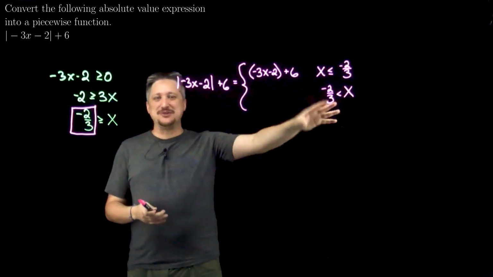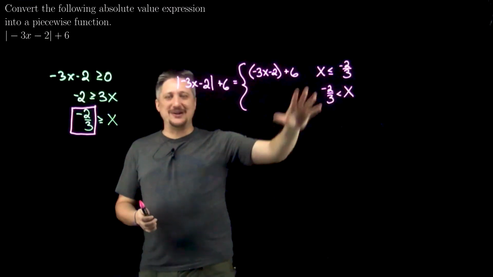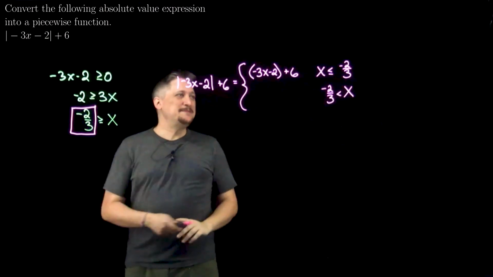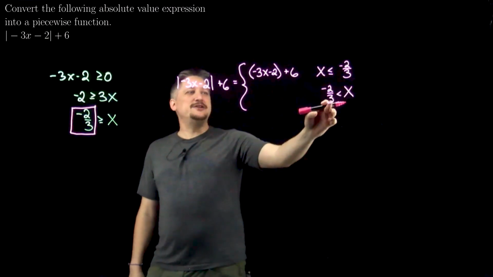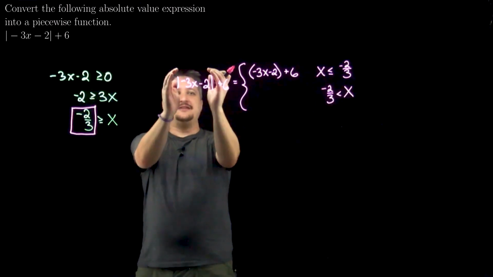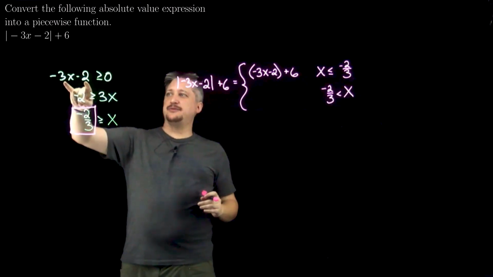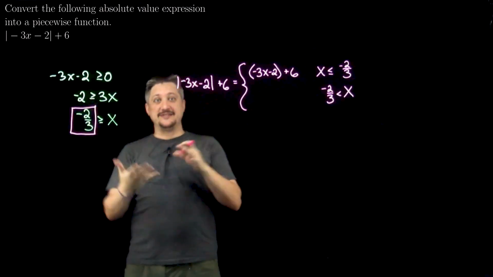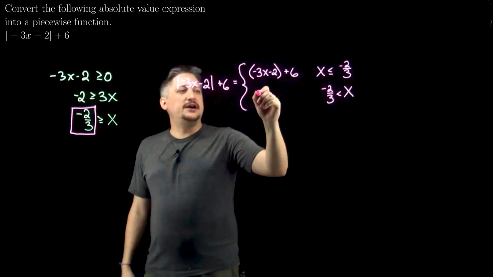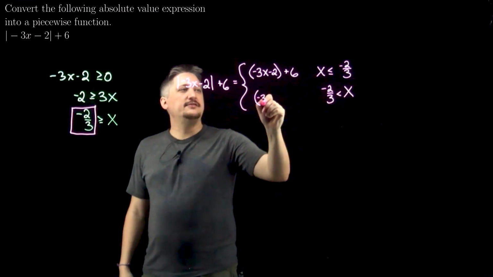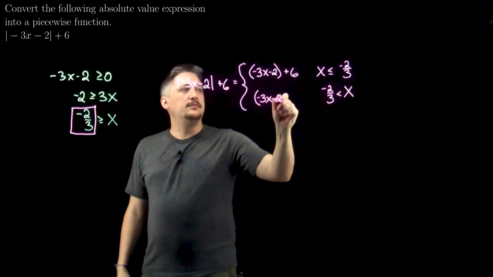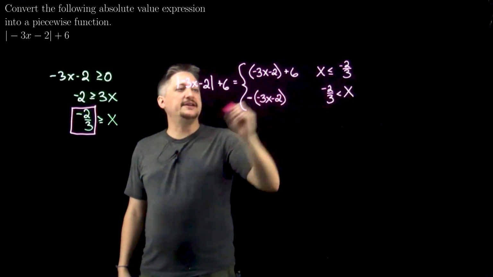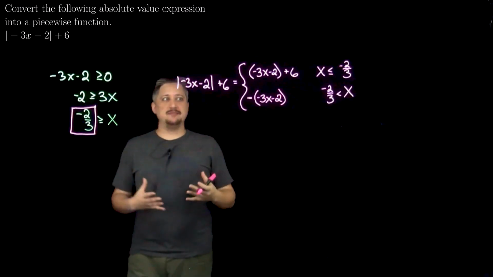So that's why I'm doing that. But you don't have to do that as long as you write the right thing, it's okay. So when x is bigger than -2/3, that's telling me that this -3x minus 2 is not greater than or equal to 0, meaning that it's negative. So now I can replace it with parentheses, but I have to be careful because I'm going to have the negative. I have to make it negative by multiplying by that -1.